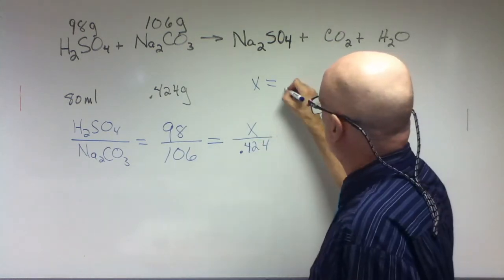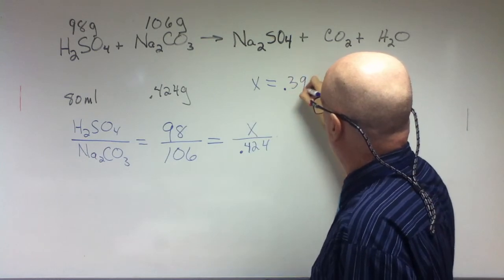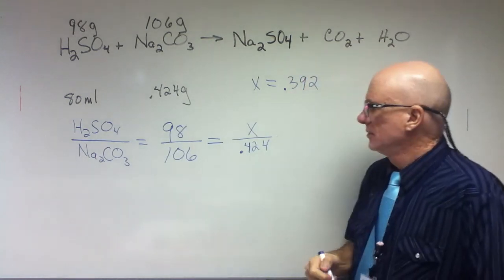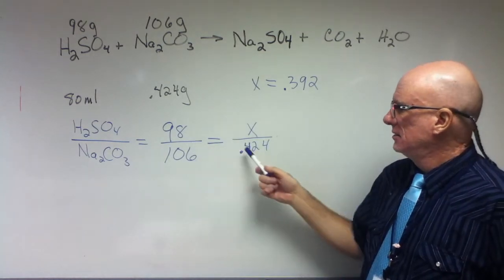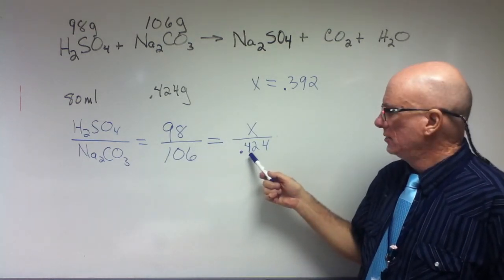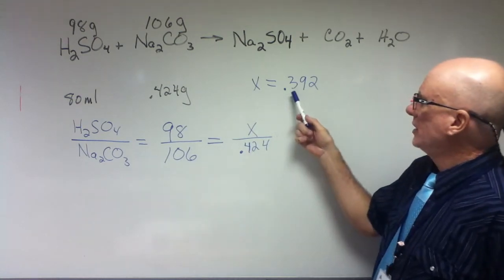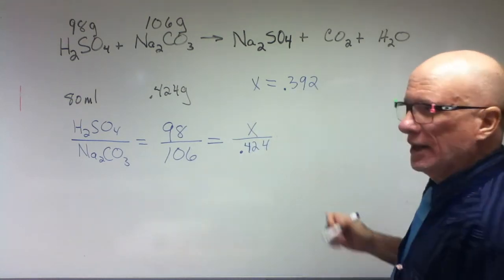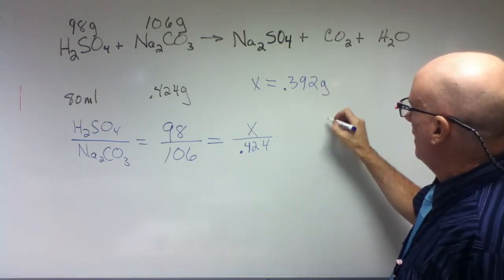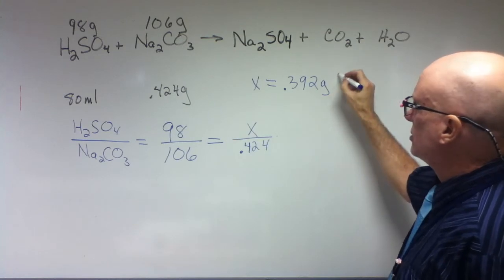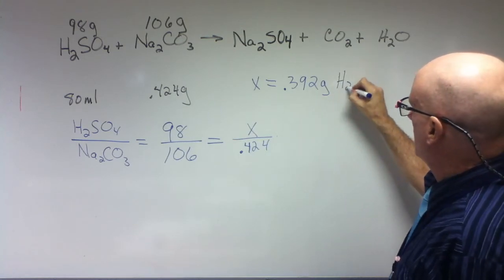Okay, so it's going to be 0.392. Right? 98 times 0.424 divided by 106 is 0.392 what? Grams. Grams, right? And that's going to be of H2SO4, right?